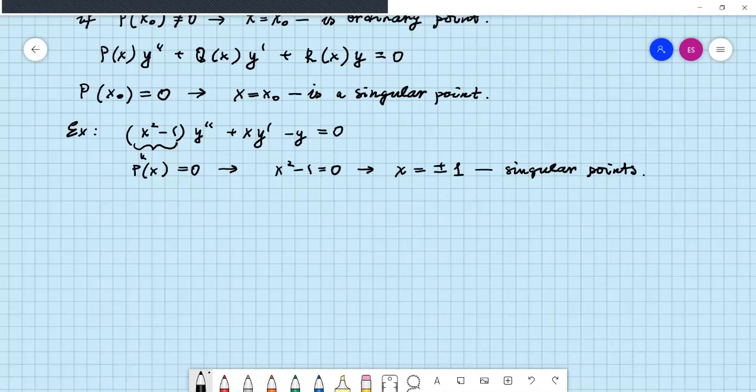Now, guys, how are singular points going to help us? We are not going to look for solutions at singular points, though it's possible. That's going to be in the next sections, like section 4, 5, 6.